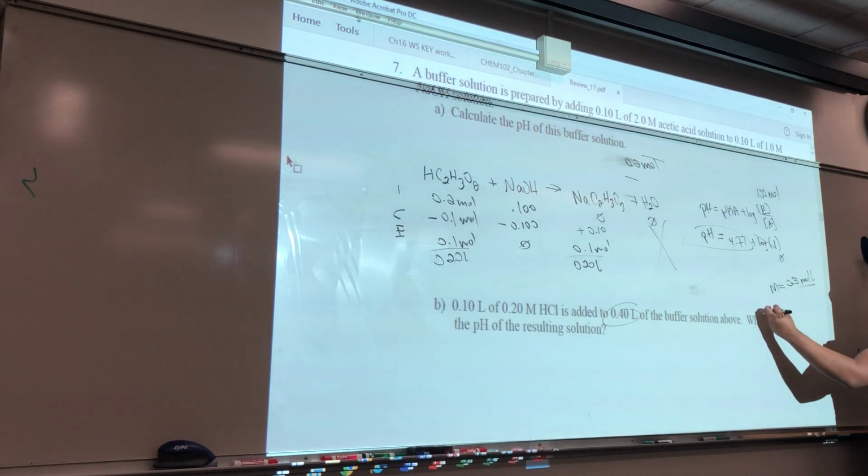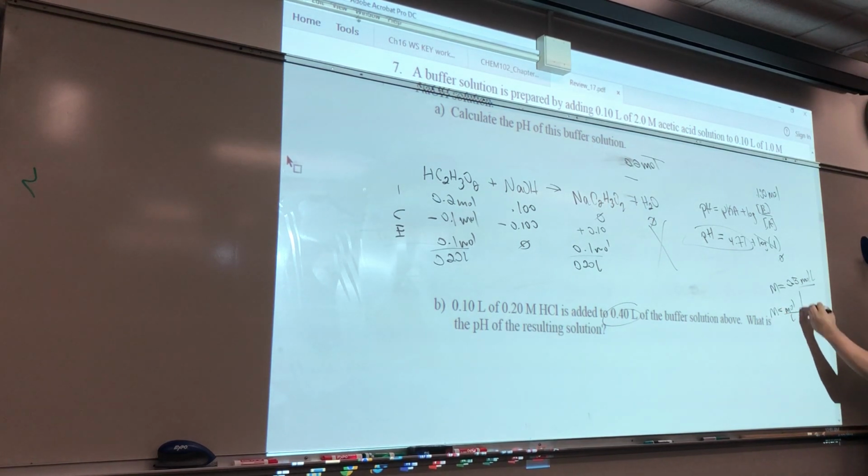Using the equation molarity equals moles per liter, we can solve for moles, which is molarity times liters. Given our molarity, 0.5, we multiply by 0.4. What is that equal to? 0.5 times 0.4 is 0.2.